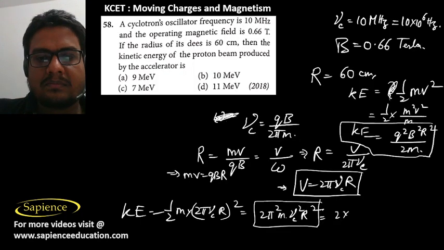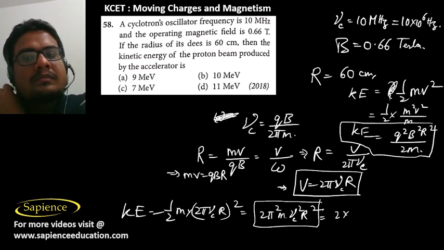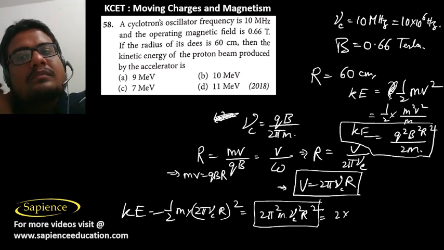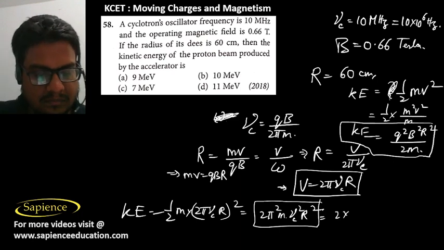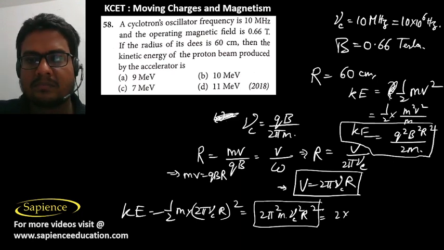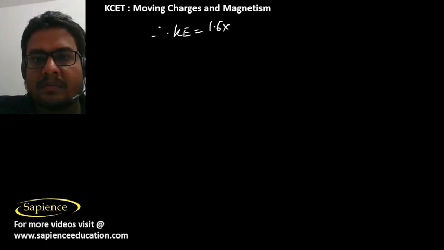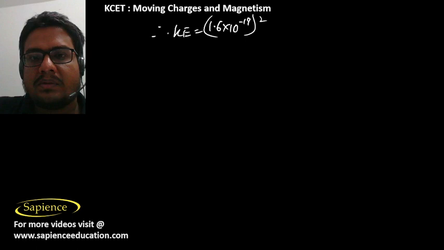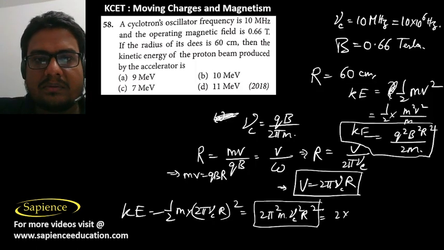So therefore the kinetic energy will be given as q square, the charge of the proton, so q is 1.6 into 10 power minus 19 whole square, and B square is 0.66 whole square, into r square.